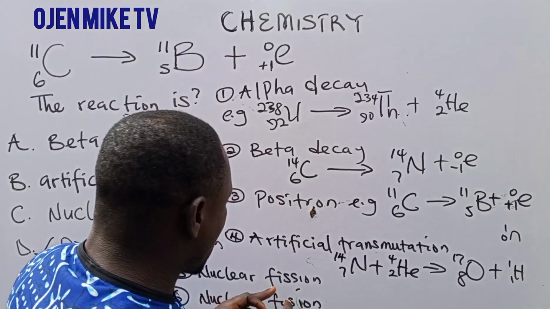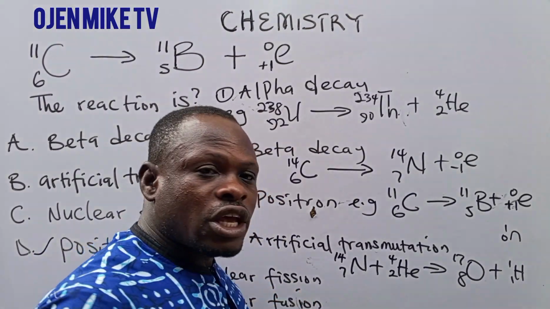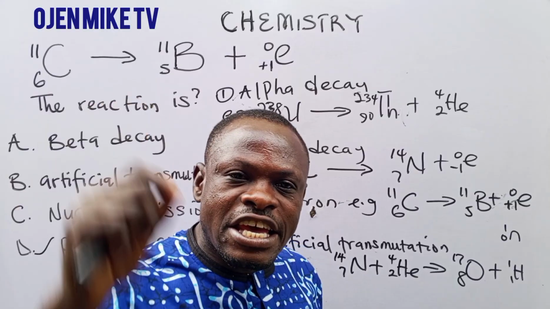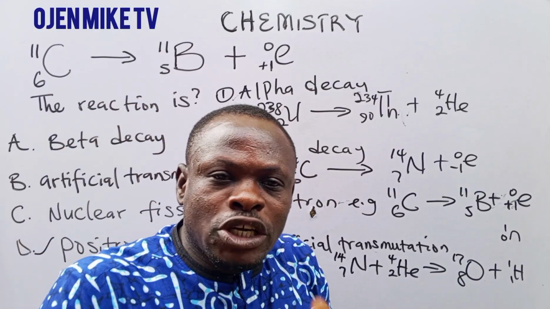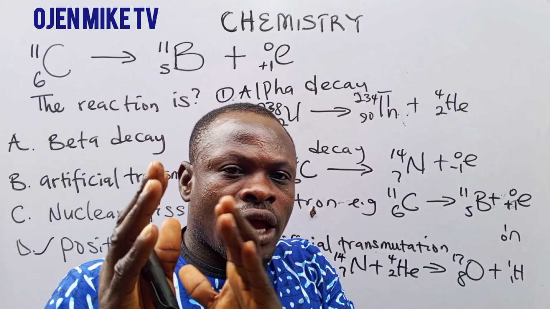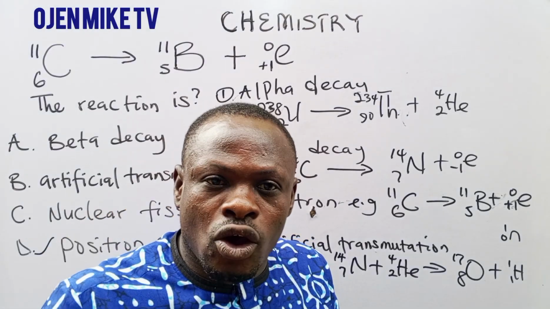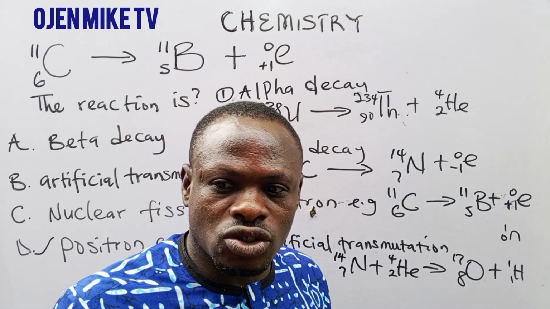Now let's go to nuclear fission. A nuclear fission is when a heavy nucleus is being split into two smaller nuclei when hit by a neutron. Do you understand?